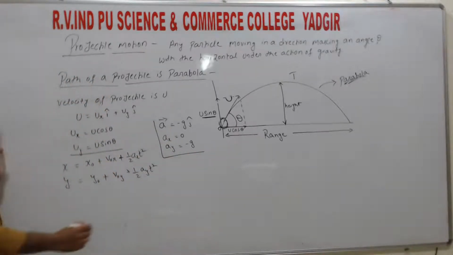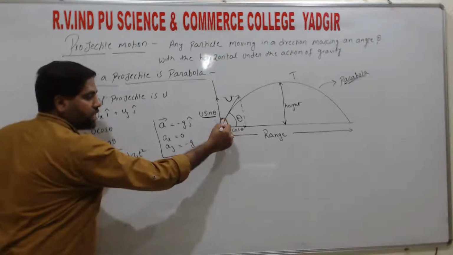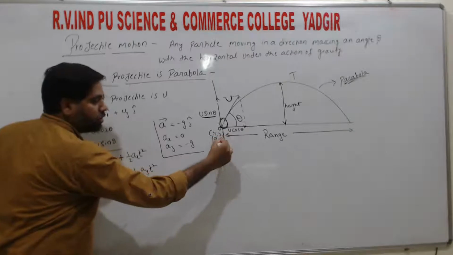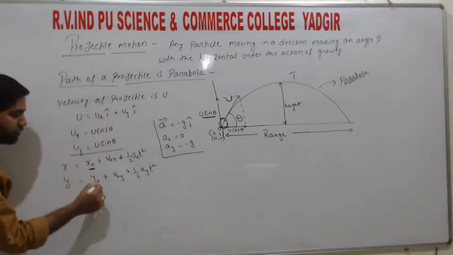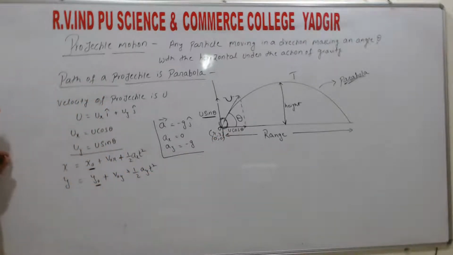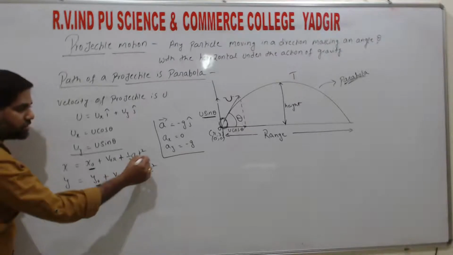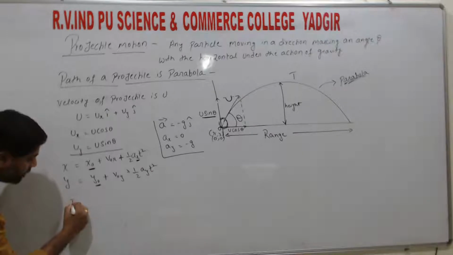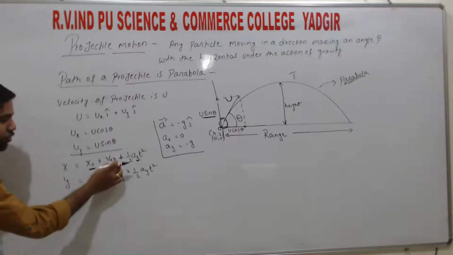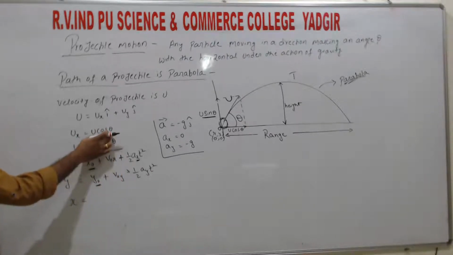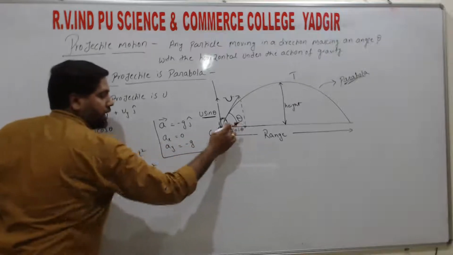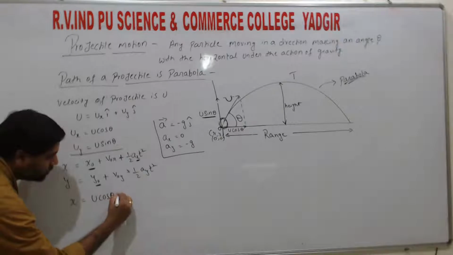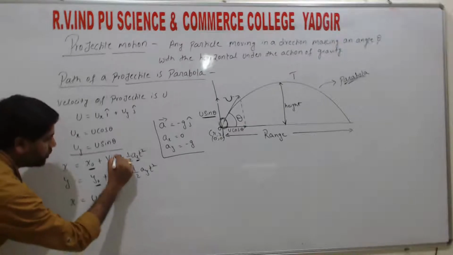Now, initially I take the start from the origin, that means the x and y components are 0, 0, so these two values are zeros. Also along the x axis the acceleration is 0. So if we write the displacement x, that equals v0x t, where v0x is the velocity along the x axis, which we take as u cos theta.